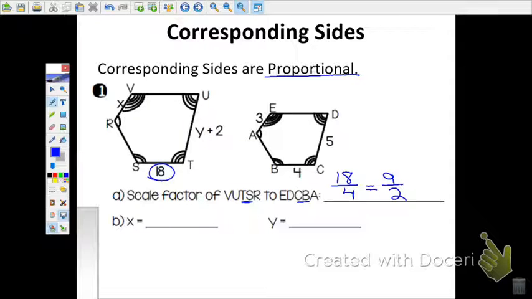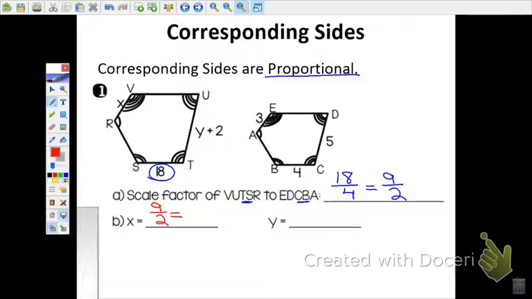So now I need to find X and find Y. So to do that, I have to set up a proportion because my sides are proportional. Proportions, we know, are two fractions equal to each other. So for one of the fractions, we use the scale factor, which is 9/2. For the other fraction, we need to set up a ratio for a pair of corresponding sides.